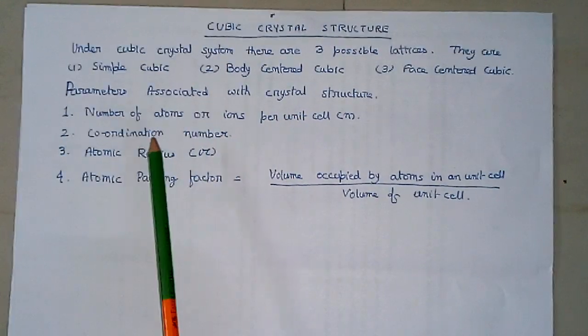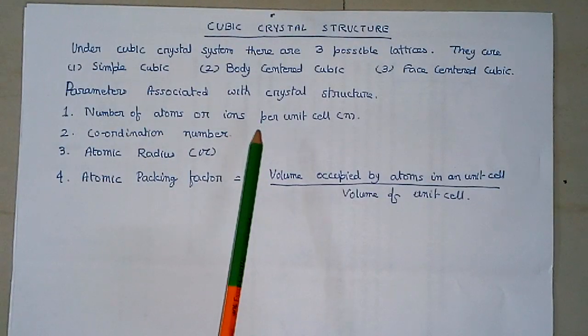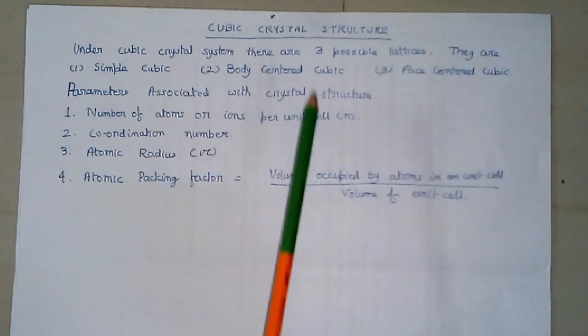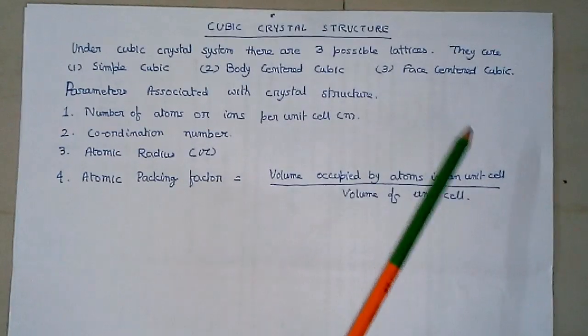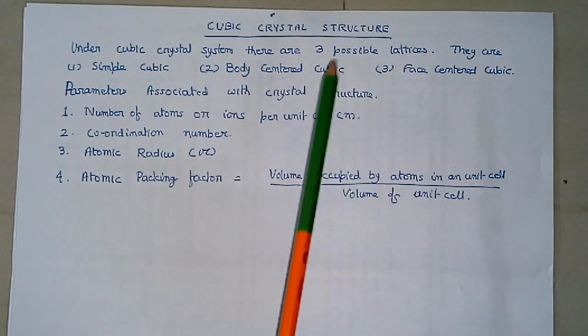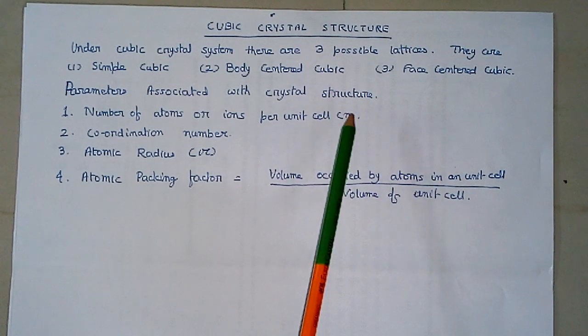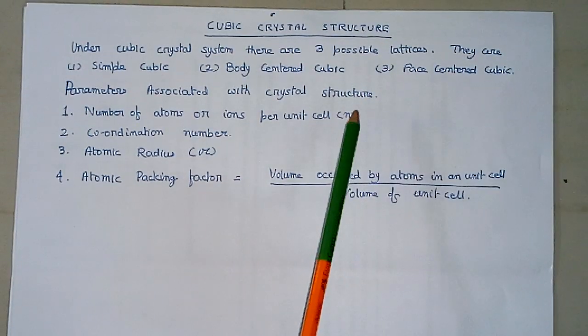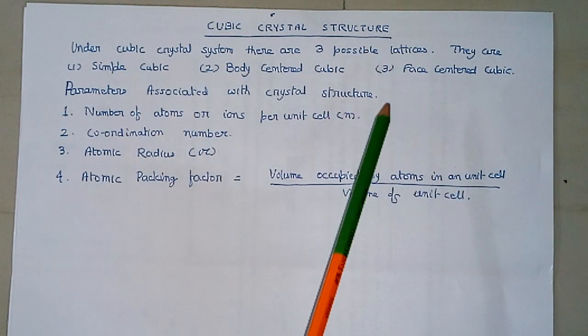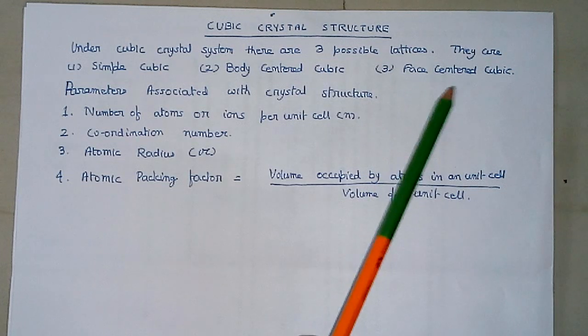So what is the number of atoms or ions in a unit cell? In any type of unit cell, whether it is simple cubic, body centered cubic or face centered cubic, we have to calculate the atomic contribution, that is, the total number of atoms present inside one unit cell for each cubic structure.